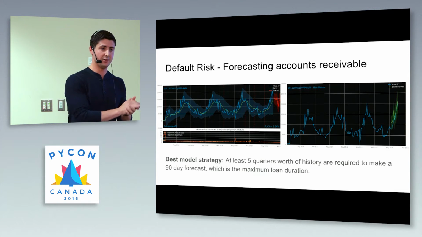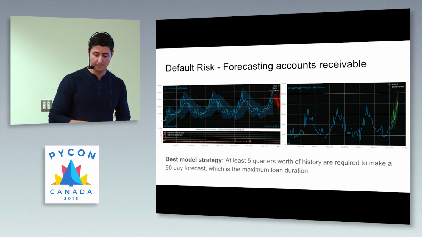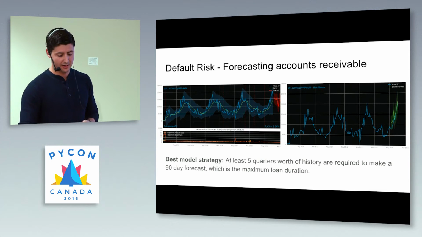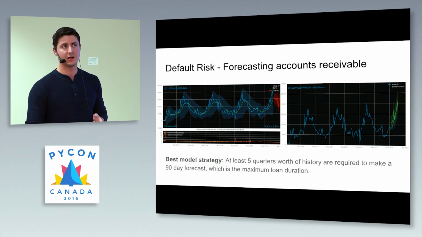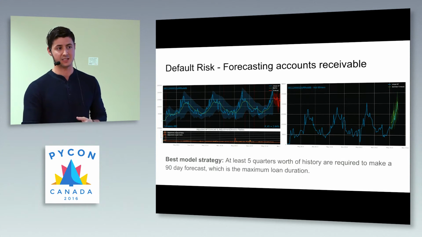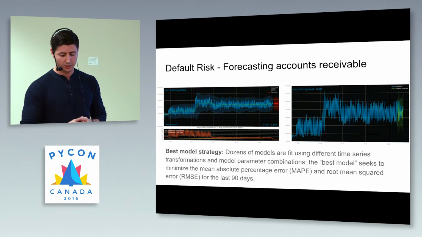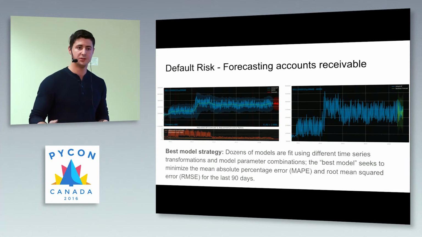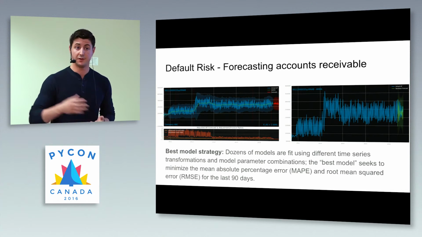That problem gets very big very fast, but we need to constantly be in the best position to forecast out the next 90 days for that supplier so that we can underwrite them.